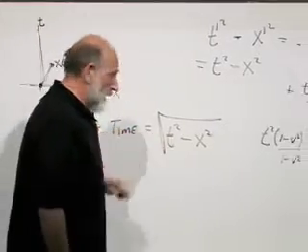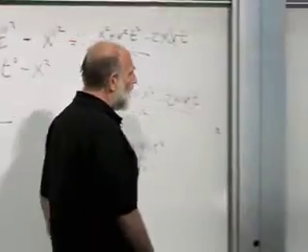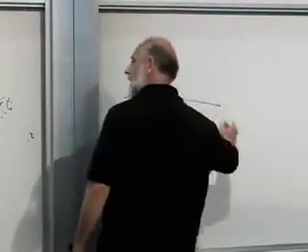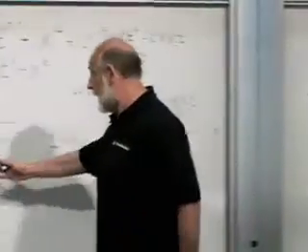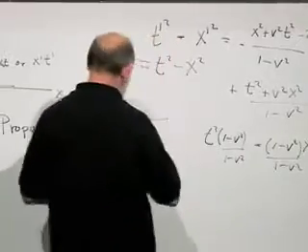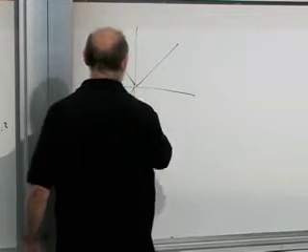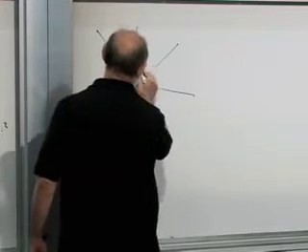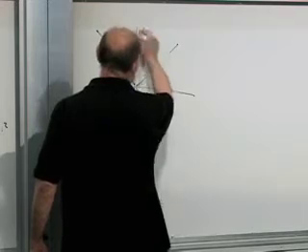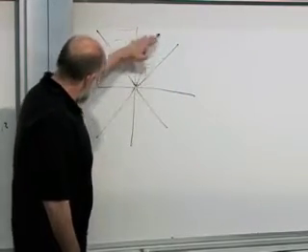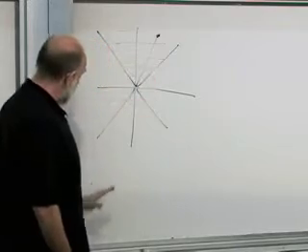If t is bigger than x, what does it mean for t to be bigger than x? In magnitude, if t squared is bigger than x squared, that means we're talking about points which are in a wedge here, where the time component is larger than the x component.